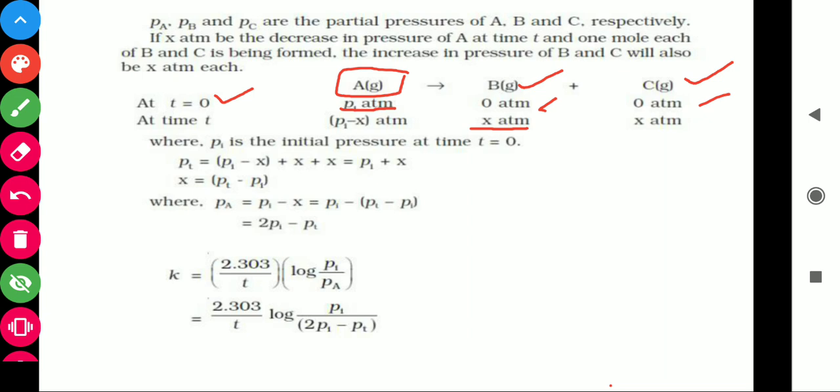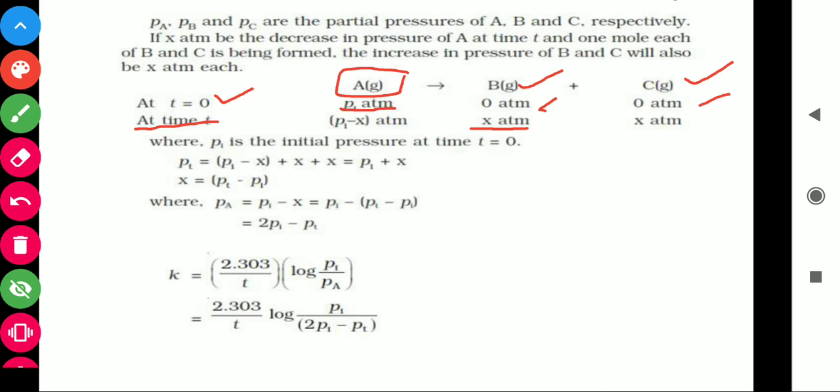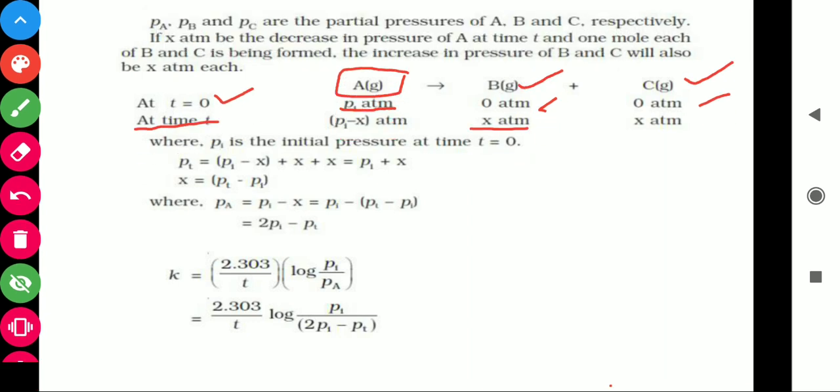But after t second, x atm is the partial pressure of B and x atm similarly for C, because here the coefficient is 1. Then what is the partial pressure of A? It will become P1 minus x.